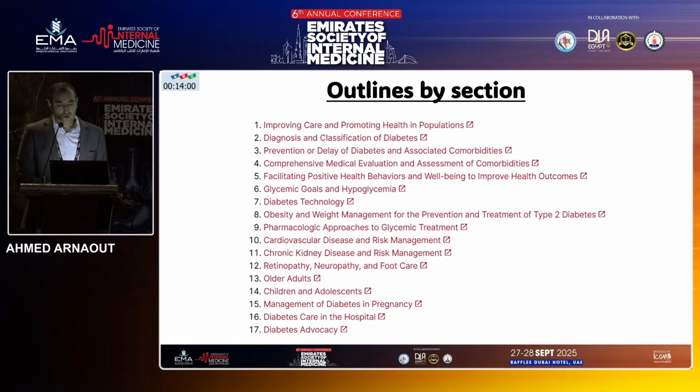As we know, it's composed of 17 sections, ranging from improving care for the diabetic patient, diagnosis and classification of diabetes, prevention or delay of diabetes, comprehensive medical evaluation, facilitating positive health care, glycemic goals, any update for diabetes technology, obesity and weight management, the pharmacological approach for the anti-hyperglycemic medications available, and the cardiovascular, renal, retinopathy, neuropathy, older patient, children and adolescents, and the management of diabetes in pregnancy and in hospitals, and finally diabetes advocacy.